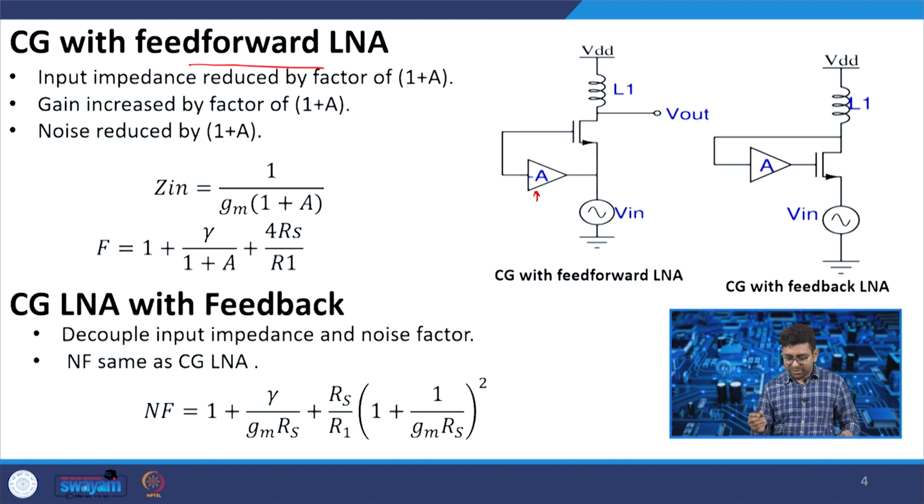The disadvantage is that your input impedance has a direct relation with Gm, and we already know that this Gm is also responsible for giving you lower noise. So, we try to decouple this, and there are two methods, feed forward and feedback. By using feed forward and feedback, we can decouple the input impedance so that it does not depend only on Gm. So, here Zin is given by 1/Gm into (1 plus A).